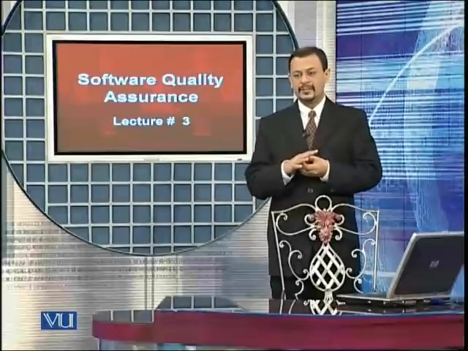We also talked a little bit about defect tracking. Why is it important to track defects? From the perspective of where they came into the application, when they were discovered, who discovered them, what was the mode of discovery, was it testing, inspection, or reviews, and how it was fixed. So defect tracking is a very important topic when we are dealing with software quality assurance.